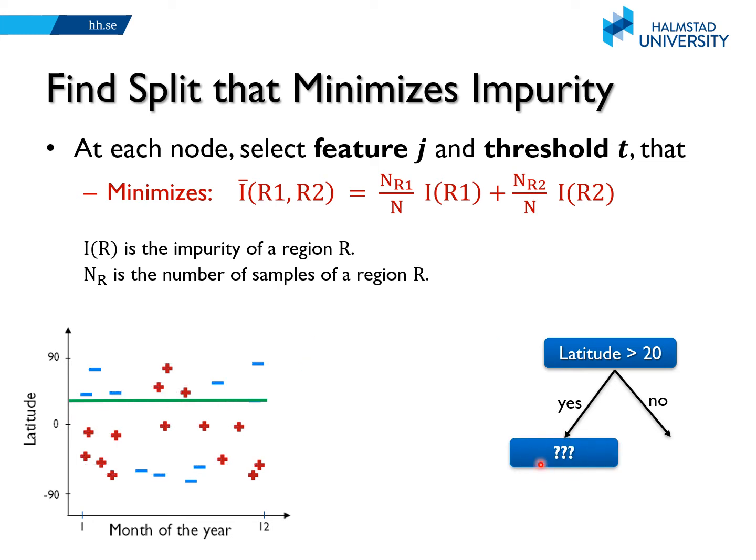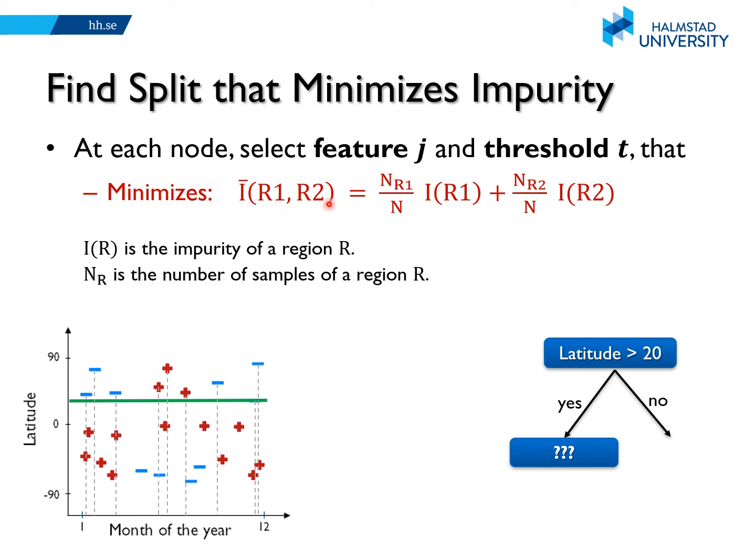Now let's take this node, which corresponds to this upper region, and we want again to find which feature and threshold to use in order to split it into two more regions. So we do the same. We pick one feature, for example, the month, and we try it with different thresholds. And here we have much less thresholds to test because we are talking only about data points belonging to this region.